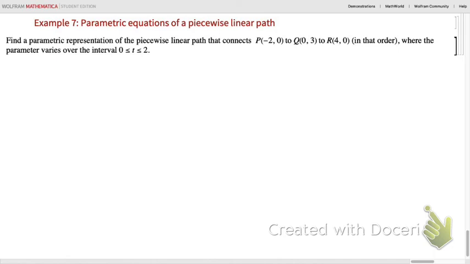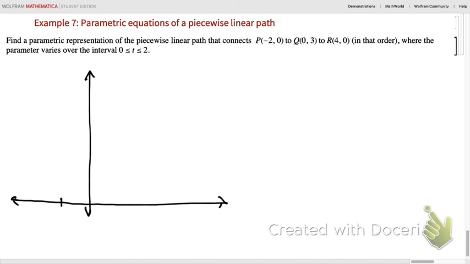So first, let's draw a picture. And just plot these points P, Q, and R, and then draw a picture of the parametric piecewise linear path. Okay, so I need a little bit of space in the negative direction. And there we go. So I'll go 2 units to the left. I'll go up 3 units.